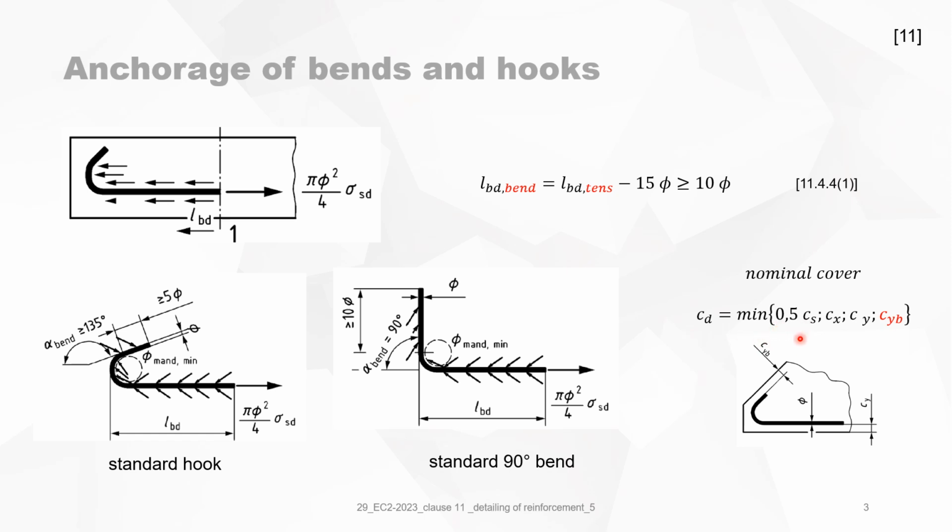Now it's the minimum of CS over 2, which was previously so, also CX, the cover in the X direction, CY, the cover in the Y direction, and now they added CYB, which is the cover in neither the X nor the Y direction. But what happened with the 3.75 phi or 3.5 phi? This is omitted now. So this is quite confusing. It's not logical.